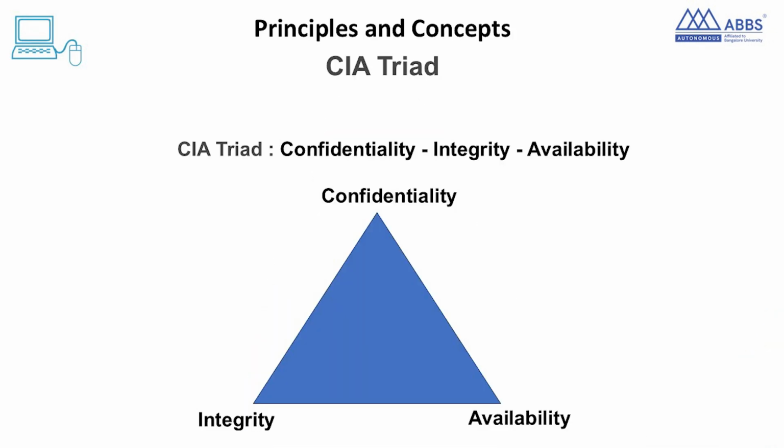We have the CIA Triad, a method which comprises confidentiality, integrity and availability to ensure that people would manage the data in a responsible way. The principles and concepts of confidentiality, integrity and availability are represented in this diagram.